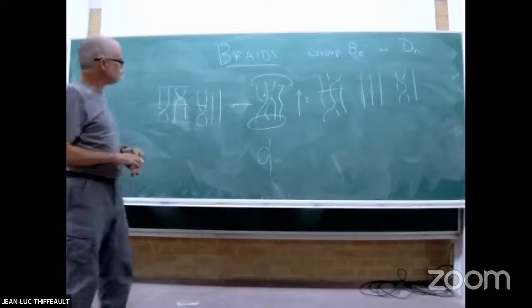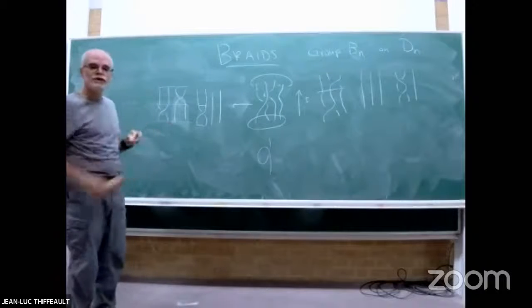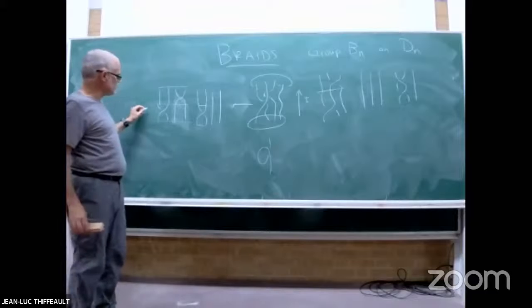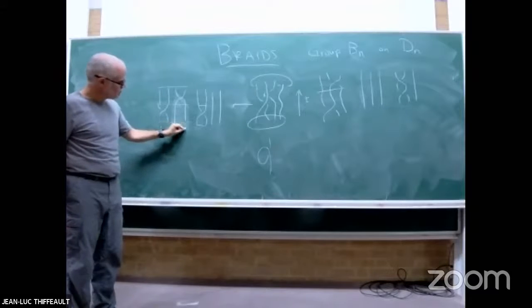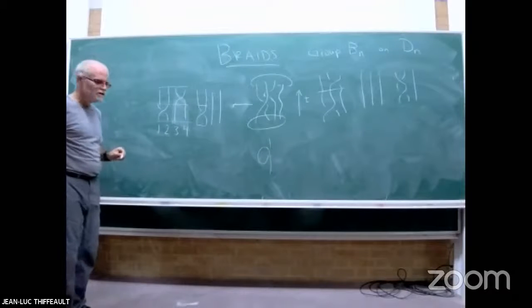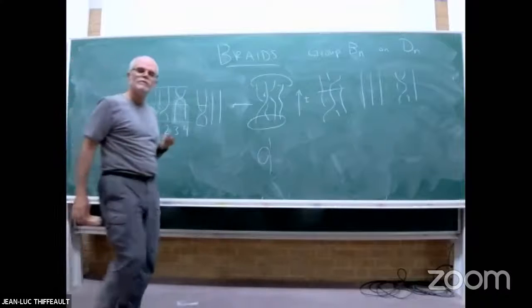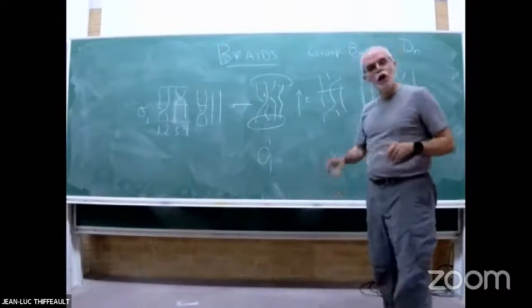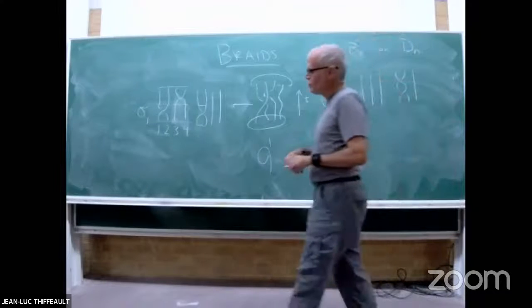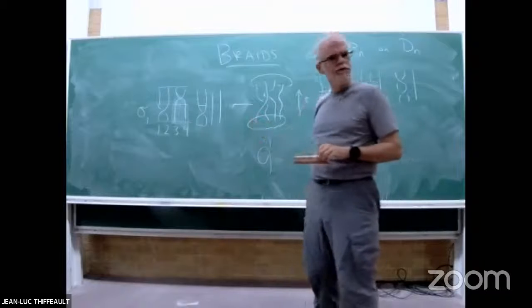Okay. And so what we do then is we denote these elementary adjacent switchings by some symbols. So if I label this string as 1, 2, 3, and 4, then I will define the operation sigma 1, which is called a generator of the braid group, as the clockwise interchange of strings 1 and 2, where clockwise has to be defined with some arbitrary convention, right?